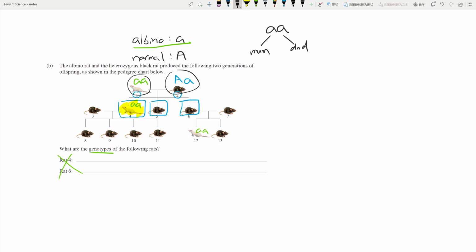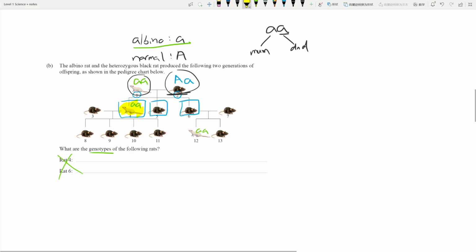This doesn't tell us the gender, so this parent could be mommy rat or daddy rat, it doesn't really matter. It has to have a small a, because otherwise, where would the second small a come from? Remember, when we inherit alleles from the parents, you get half from each parent.